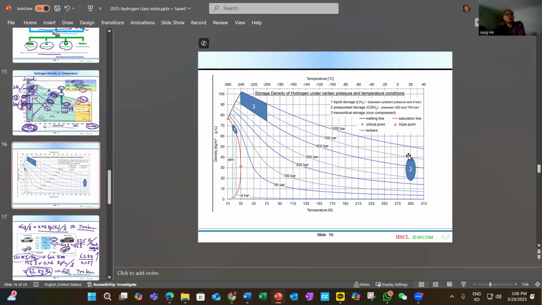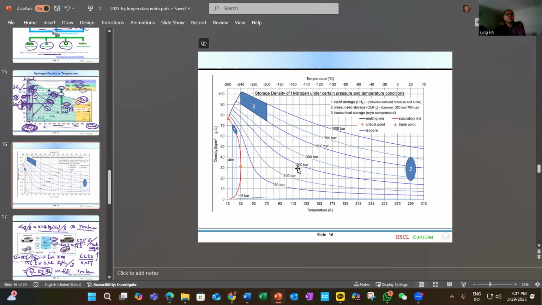And also another way is to lower the temperature. As you can see, just take a look at this line. If we lower the temperature, to reach the same density, we don't need that much high pressure. The pressure can decrease and decrease at a lower temperature to reach the same density.